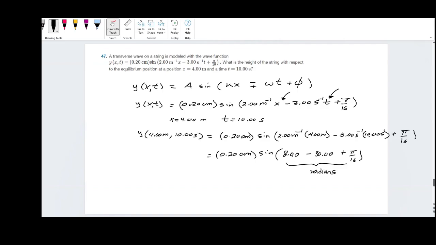When you do that, 8 minus 30 would be -22 plus pi over 16, and you put in the calculator -22 plus pi over 16 in radians, and you find the sine of that. That sine would be negative 0.1864.